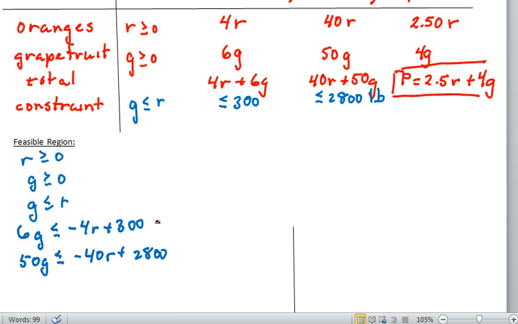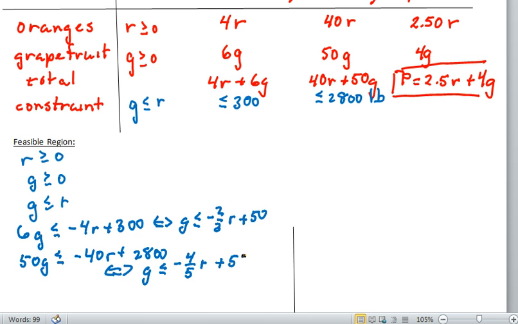Then I'm going to solve each of these inequalities for G to get G less than or equal to negative 2/3 R plus 50. And in the second case, G less than or equal to negative 4/5 R plus 56.